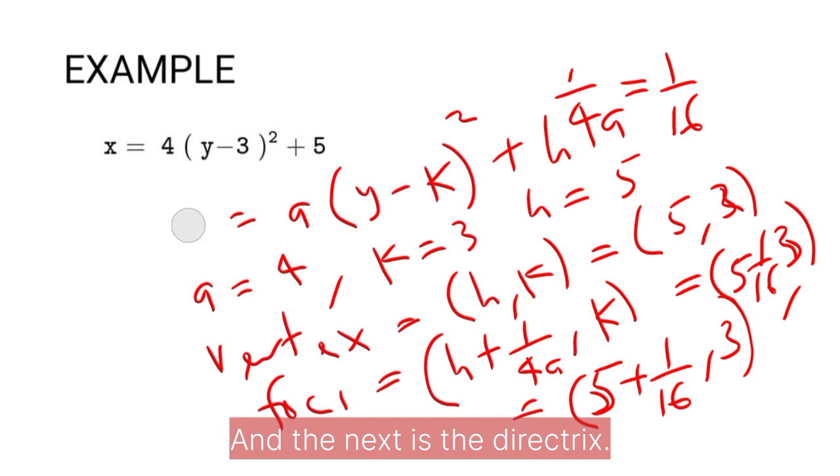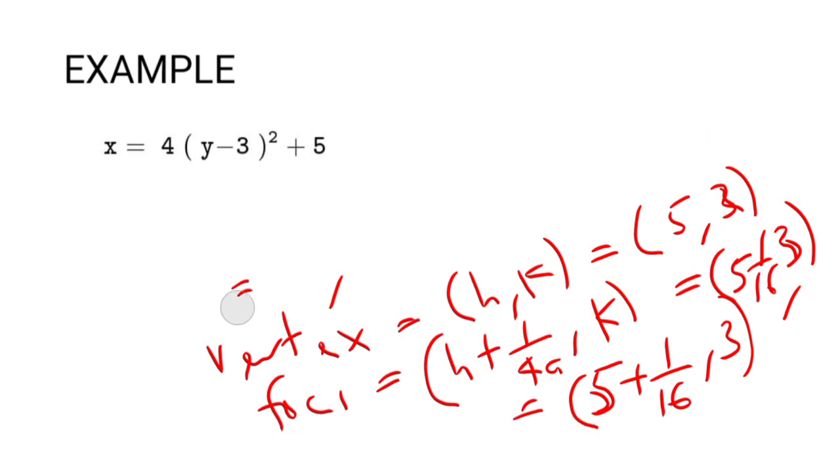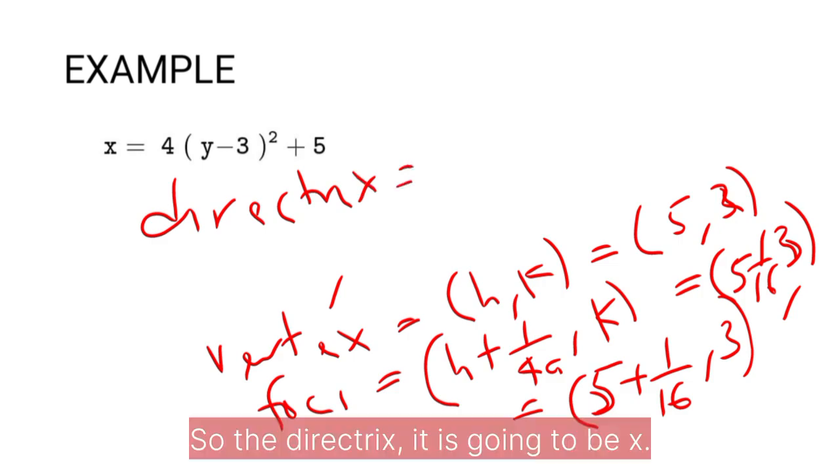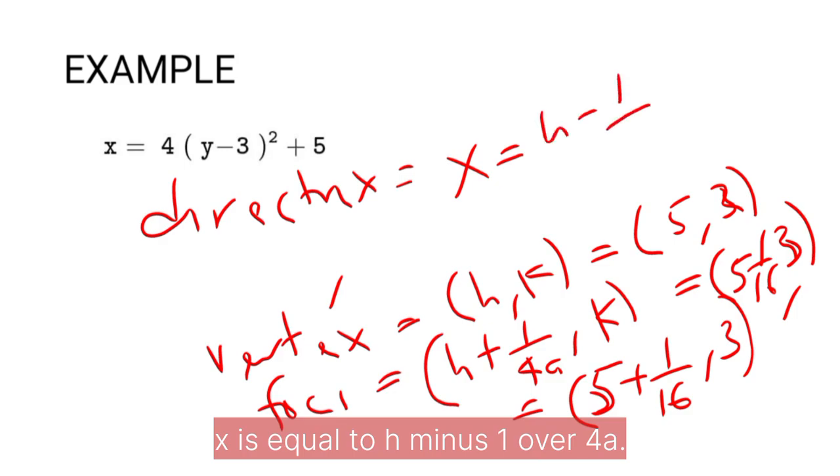And the next is the directrix. In this case, the directrix is a vertical line, x equals h minus 1 over 4a.